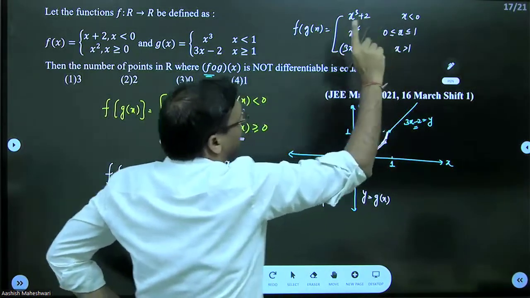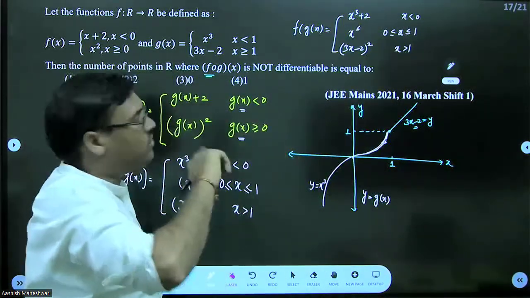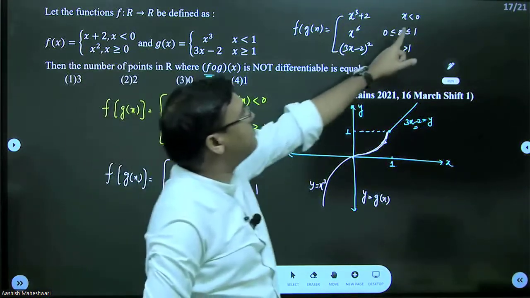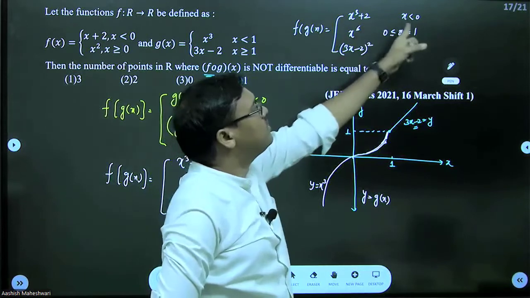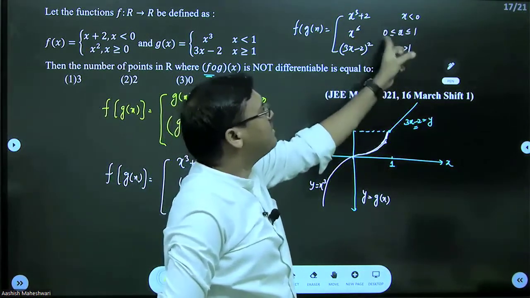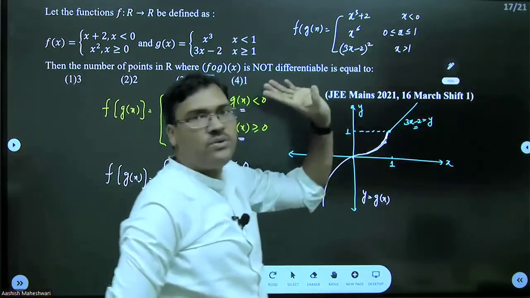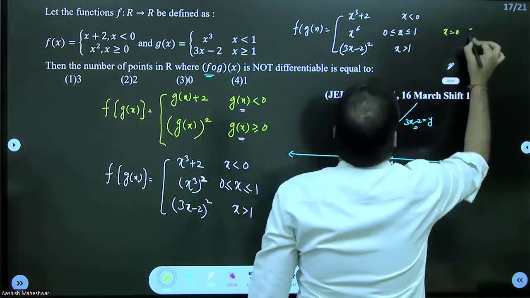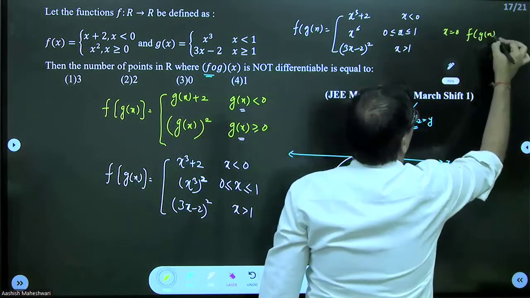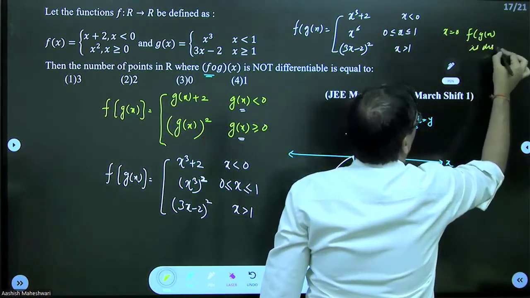If you just observe whether this function is continuous or not, for that what can you do? What is the limit as x approaches 0 minus? At 0 minus you can see this is equal to 2, and at 0 plus you can clearly see this is equal to 0. So you can see here at x equal to 0, f of g(x) is discontinuous.